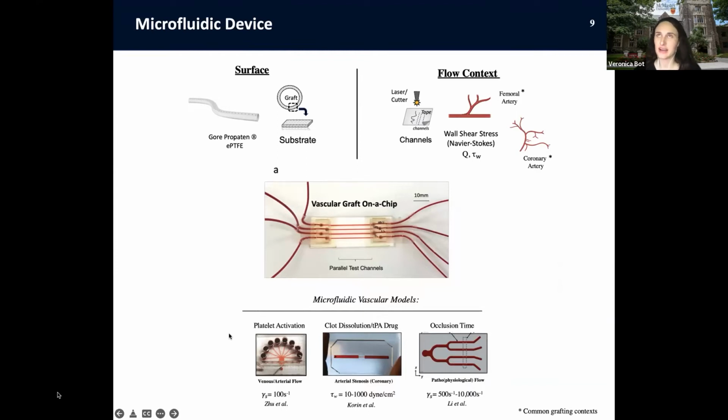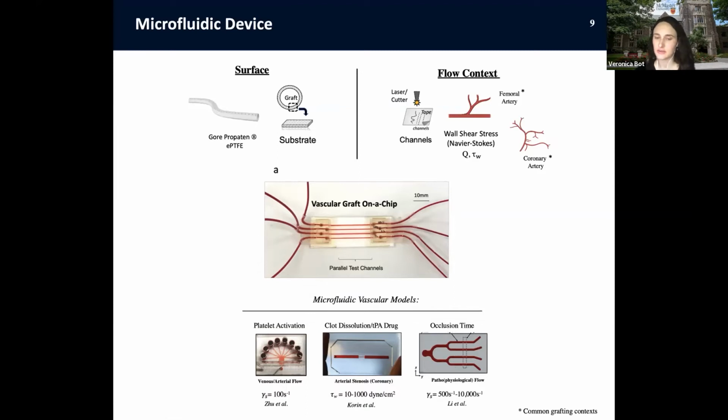There is a standard and well-established formula for calculating wall shear stress in this dimension of channel. So I drew inspiration from existing literature to translate channel geometries to create this physiological-like vascular flow condition, wall shear stress, and additionally incorporated a prosthetic material.